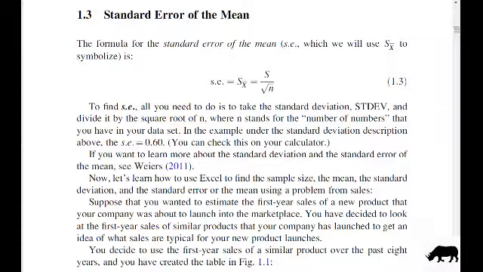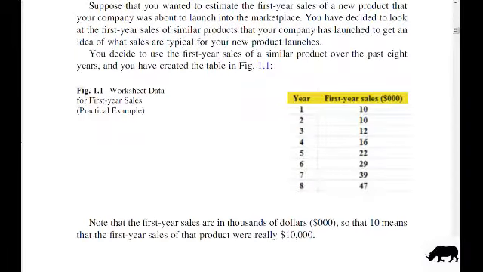When you understand these three things, it would be easy for you to understand the situation in Microsoft Excel, because we are going to use these formulas and functions in Microsoft Excel with some example from business data and product data. Now look at this example. Suppose that you wanted to estimate the first year sale of a new product that your company was about to launch into the marketplace.